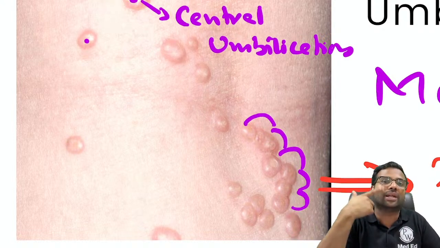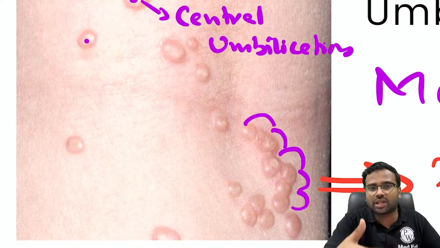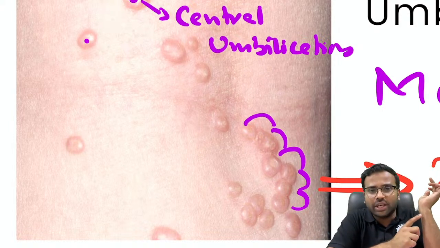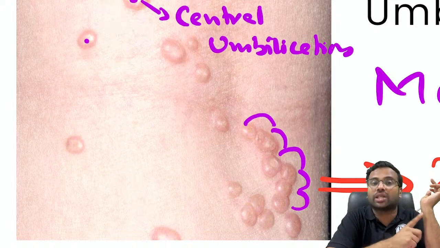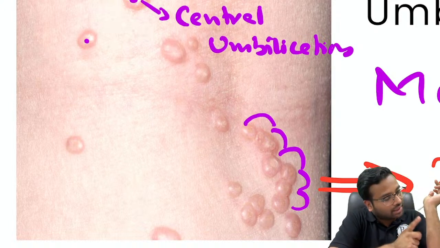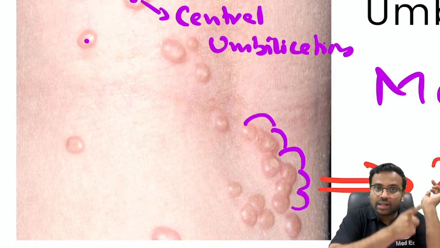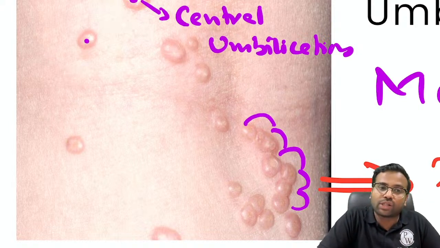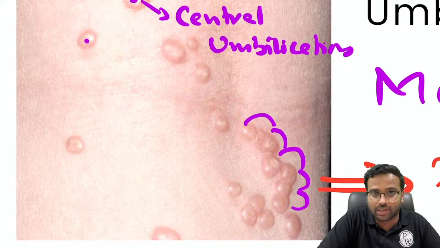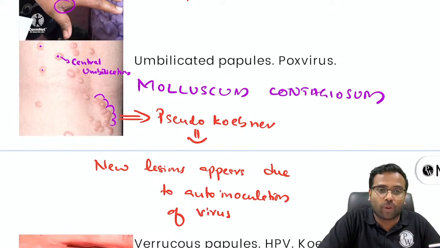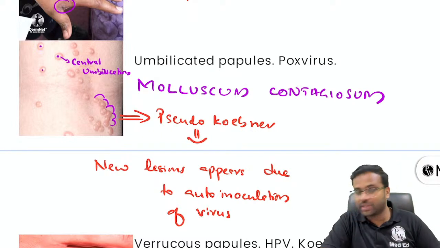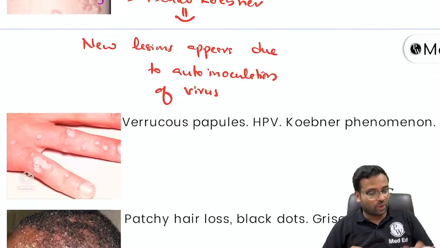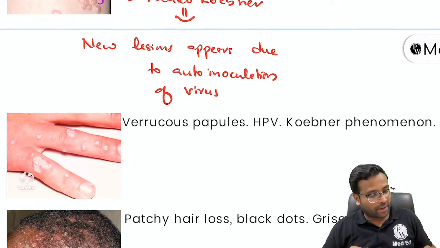You always try to pick the lesion, right? The same thing happens in a child or in any adult. Whenever you get a lesion in our body, you have a tendency to touch. And once you touch this and then touch the adjacent skin, there is an auto-inoculation of the virus to the adjacent sites in the body. And that is why you develop multiple such lesions. Auto-inoculation of the virus equals pseudo-Koebner phenomenon, which can be seen in viral infections. I hope it's clear. So now let's go to the next image.